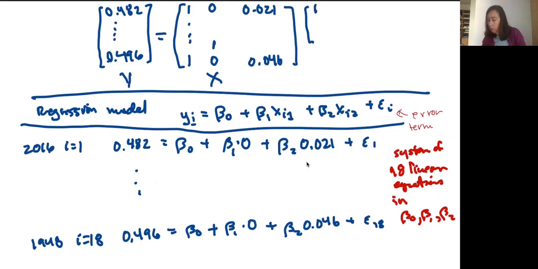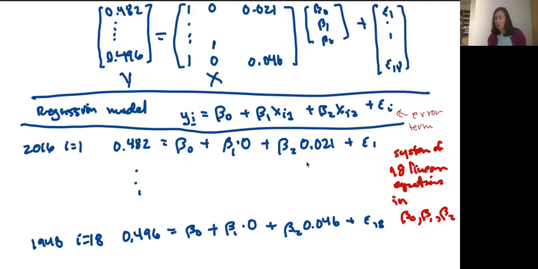Here it is beta 0, beta 1, beta 2. And the final thing would be our vector of random error terms that we would never observe, but we need to be able to think systematically about anyway. Okay. So the matrix equation here is Y equals X beta plus epsilon.